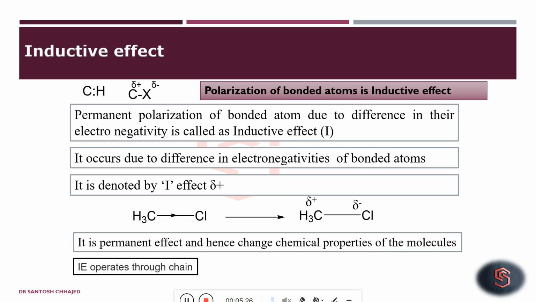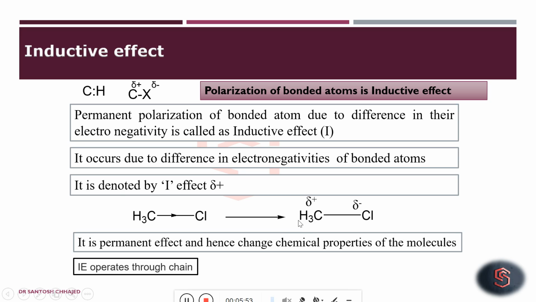It occurs through the chain. Once the carbon which is linked directly to the electron withdrawing chlorine has become electron deficient, in order to stabilize, it will withdraw electrons from the nearby carbon. As a consequence, the immediately next carbon becomes deficient, and subsequently the positive charge or deficiency among the carbons goes on increasing.